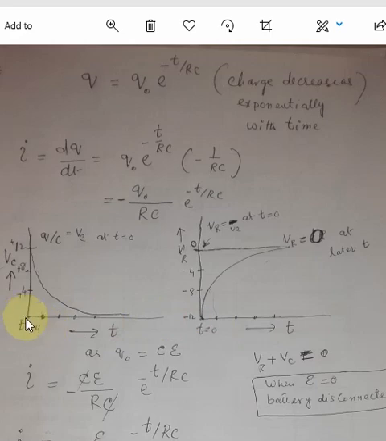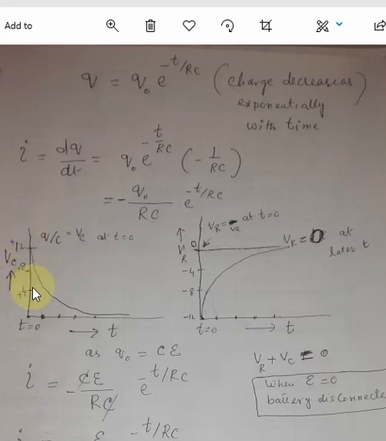If we put some values on the y-axis for Vc, since this line is the positive y-axis, that is, it is above the 0 value, the values of the voltage will be positive.